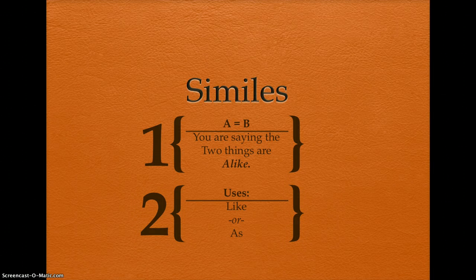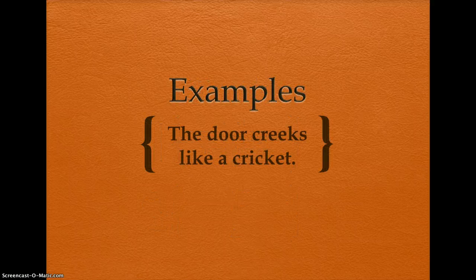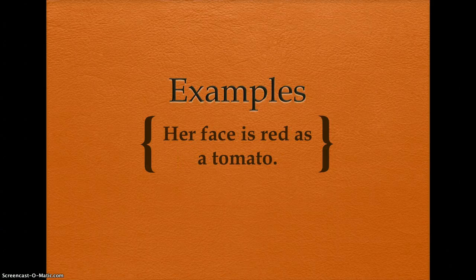Let's practice this. The door creaks like a cricket. This sentence is a simile because it compares two things and it uses like to compare them. Look at this sentence. Her face is red as a tomato.